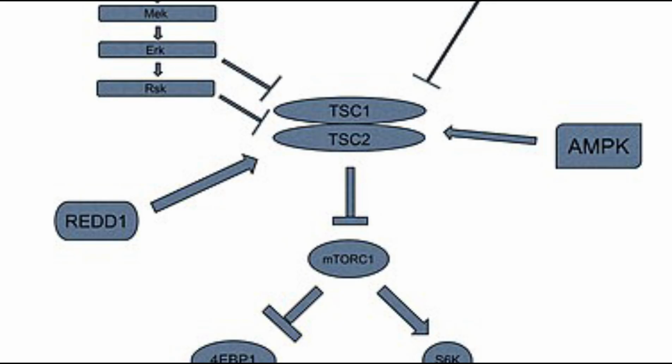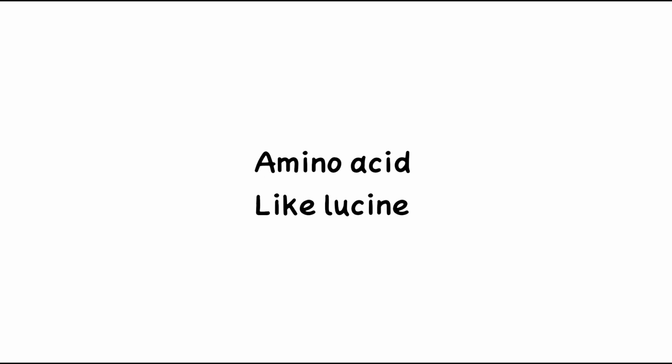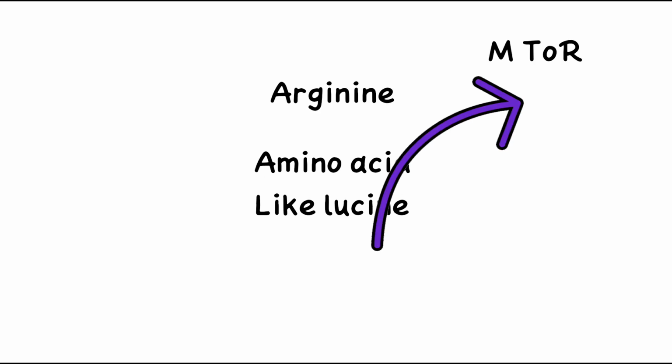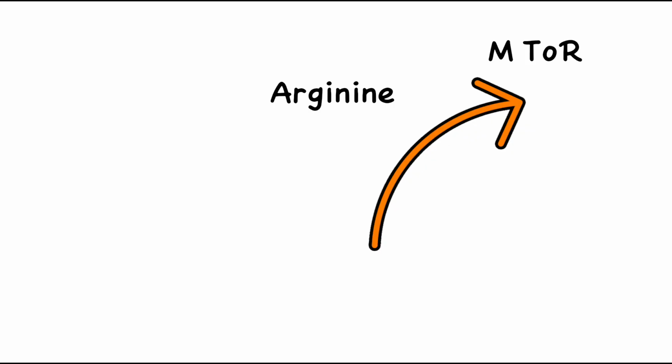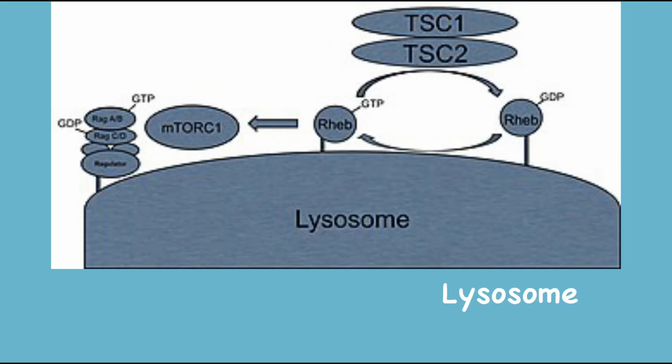The outcome is that it decreases protein synthesis and increases autophagy, that is recycling of cell components. Then nutrient sensing happens, especially amino acids, especially leucine and arginine, which also activate mTORC1. They signal via the RAG GTPases, which help in recruiting mTORC1 to the lysosome. At the lysosome, RHEB GTP can activate mTORC1.